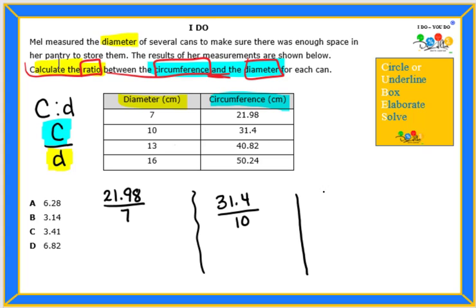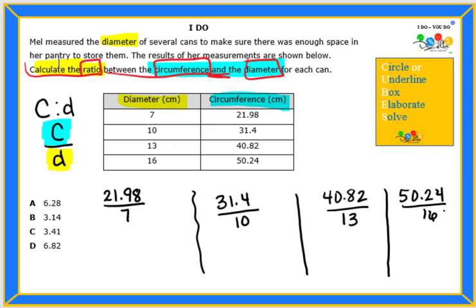For my third circle, I have 40.82 over 13. And for the last circle, we had a circumference of 50.24 and a diameter of 16.